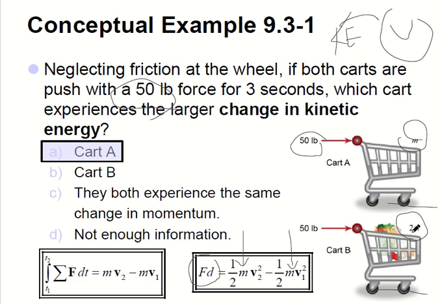So therefore you can understand that car A is going to experience a larger change in kinetic energy, because it's lighter, so it will definitely go faster. This car has a weight on it, so it won't experience as large a change in kinetic energy. Meaning this one will move much better than that.